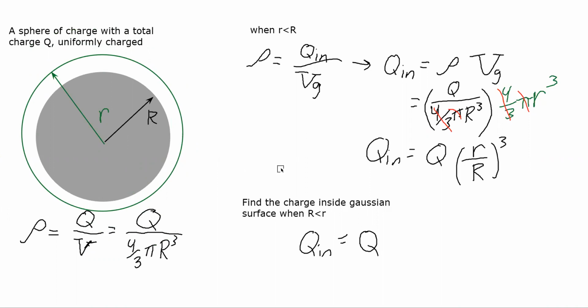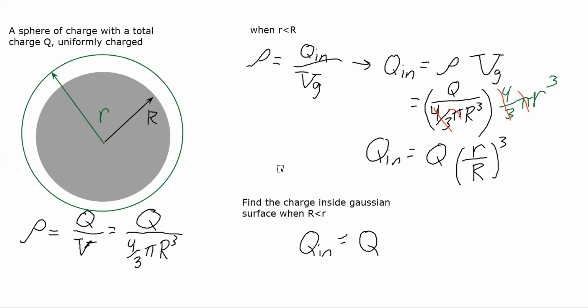Whenever you have uniform charge density, it gets pretty easy. All we have to do is use that ratio, charge over volume. But of course, that's for a volume charge density. We could do the same application if we're talking about surface charge density or a linear charge density, which we will do examples of later. But it's the same general idea here.